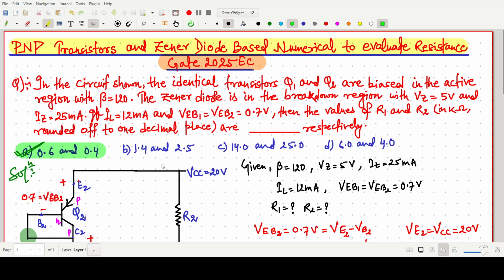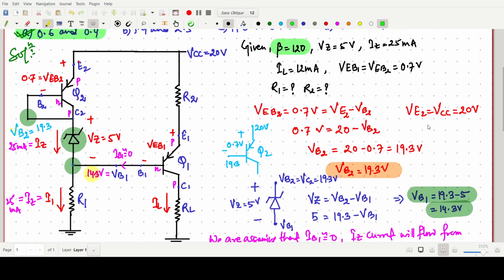So this is all about this question. This is a very simple question. Some values that we have not used, like beta and all, but we only have to be very careful about the voltages. If we know the voltages like 20 volt, 19.3 volt, 0.7, so this voltage is given because we are assuming this one as 0, and like that if we find, we will get R1 value 0.6 and this R2 value 0.4 kilo ohm.